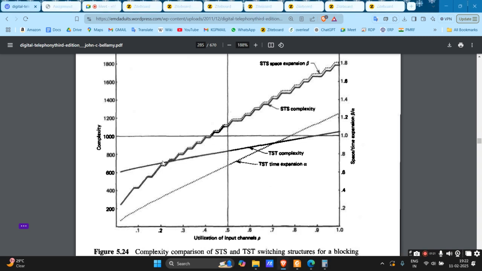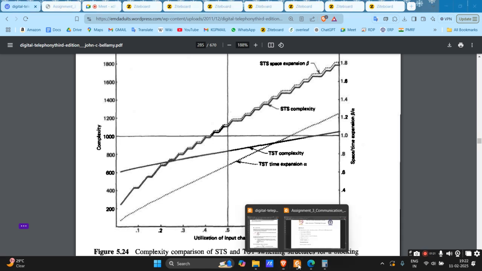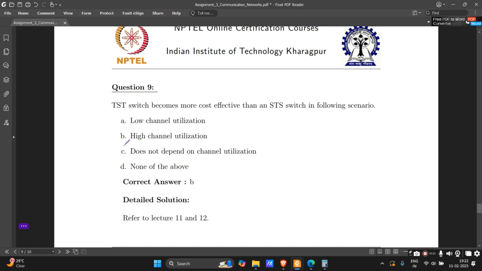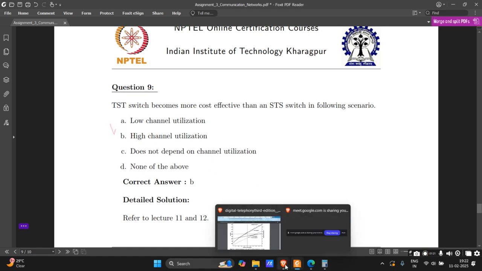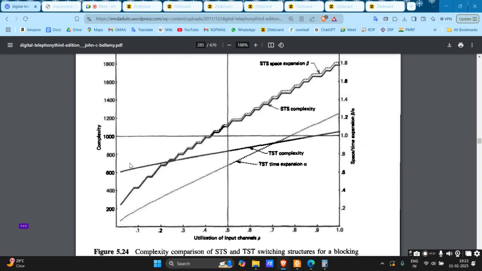TST becomes more advantageous where the utilization of input channels is high. In low channel utilization, TST has a higher complexity, but in high channel utilization, TST retains it. It does not increase that much as STS.